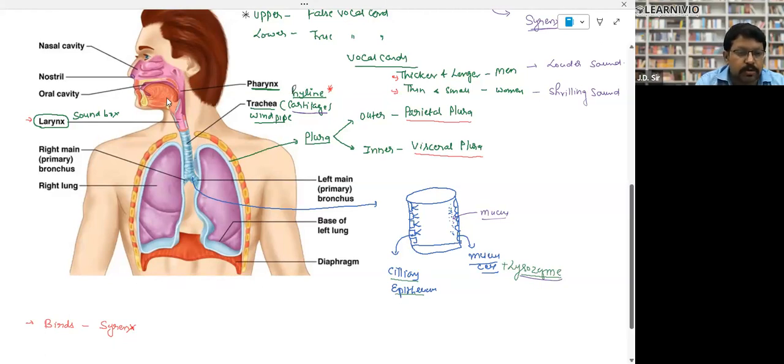Next. So this was the larynx we studied, then it's the trachea part, right? And then next point. Trachea is further divided into bronchus, which leads to lungs.